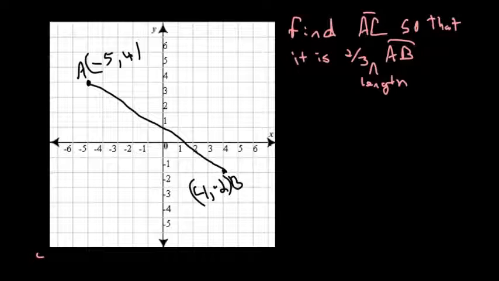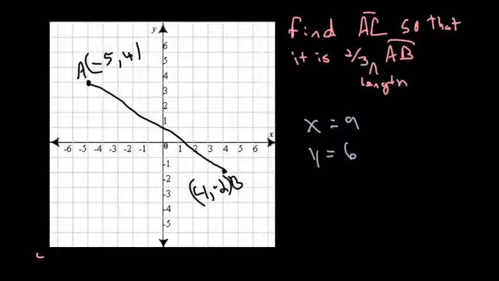So negative 5 minus 4 would be negative 9, and it can't be negative, so it's just going to be a positive 9, because distance can't be negative. So your x distance is going to equal 9, and your y distance is going to be from 4 to negative 2, so 4 minus negative 2 is 6.